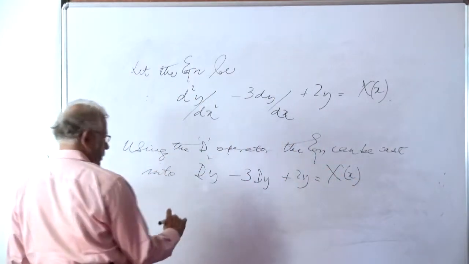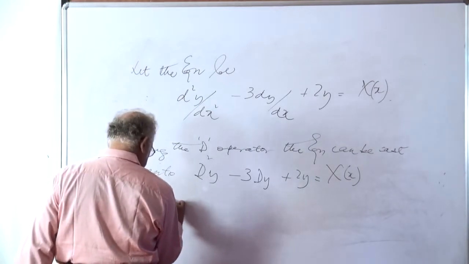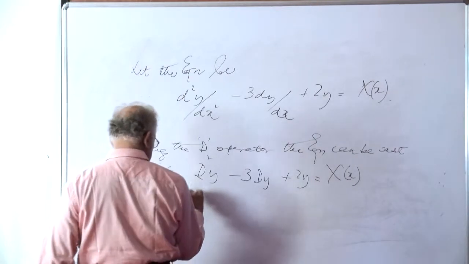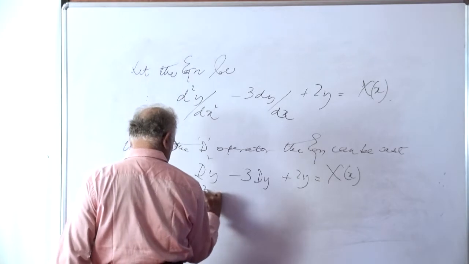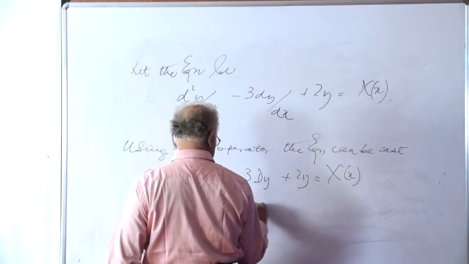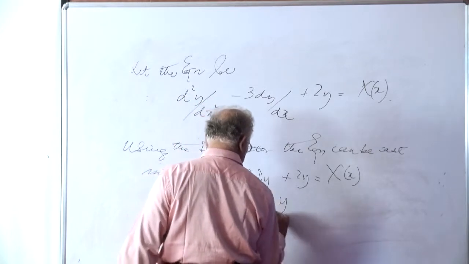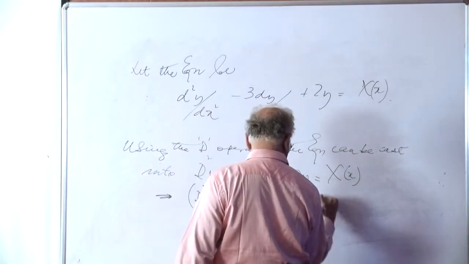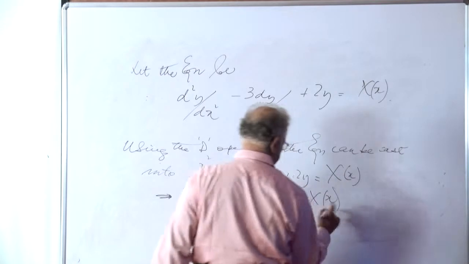In other words, this simply translates to D2 minus 3D1 plus 2 operating on y is a function of x.